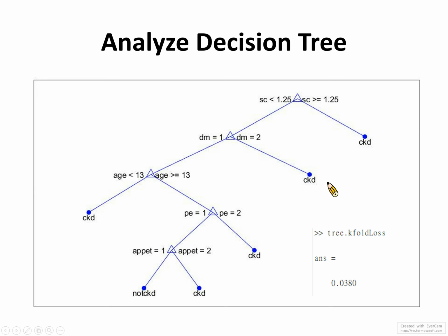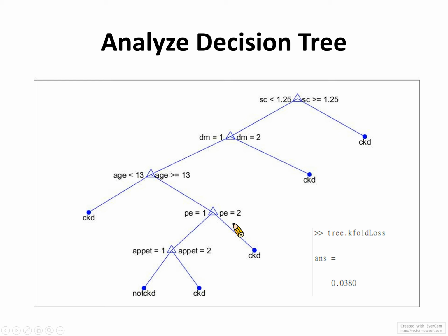Okay, so for these results, we can see that the single most important predictor is still the serum creatinine. Here the creatinine level condition is the same as the previous tree, and we also found that diabetes, age, edema, and appetite are the important factors to differentiate the patients with CKD and those without.